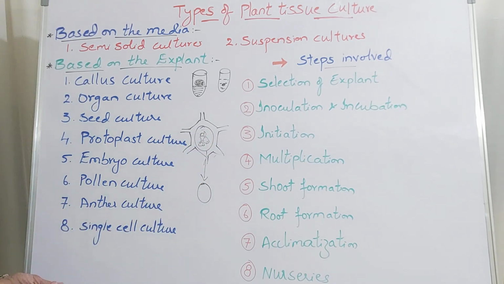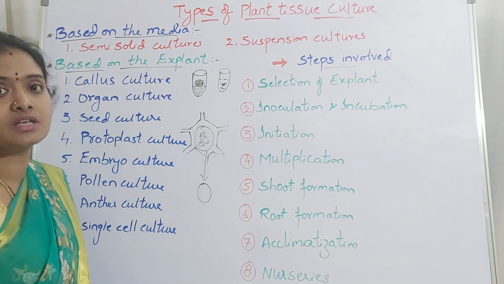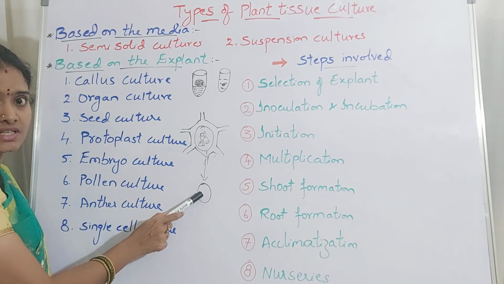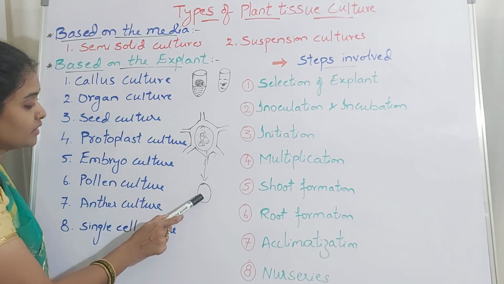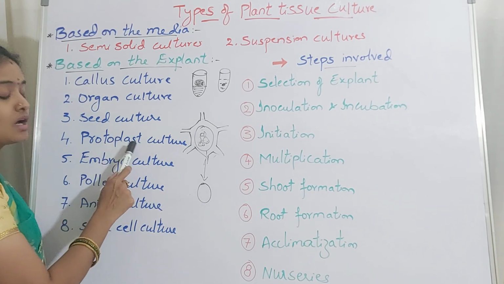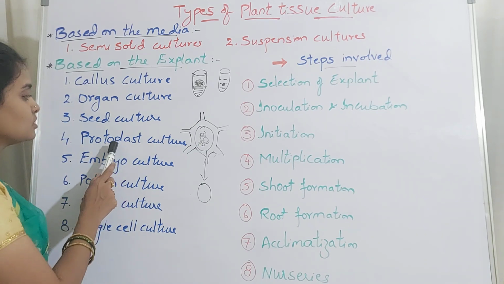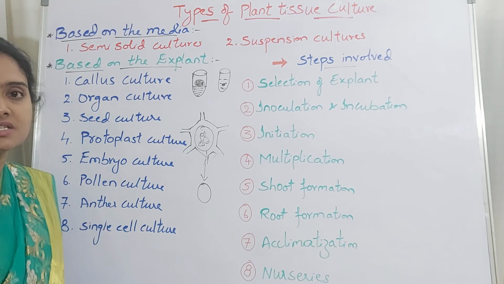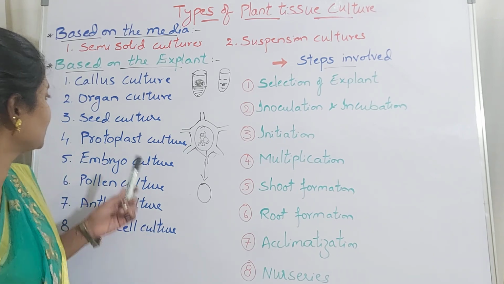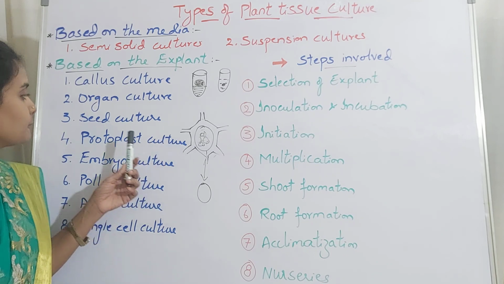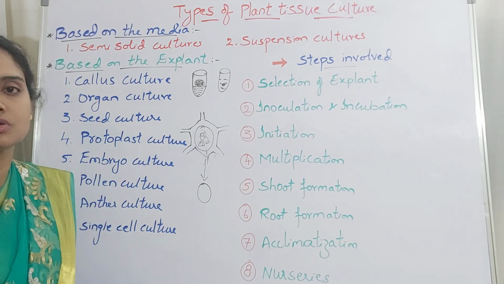So when the cell wall is removed from this plant cell, the protoplast consists of all the cell organelles embedded in it. And these protoplasts are used for the culturing process. In order to produce somatic hybrids, you make use of this protoplast culture. By protoplast fusion, you can produce those hybrids.